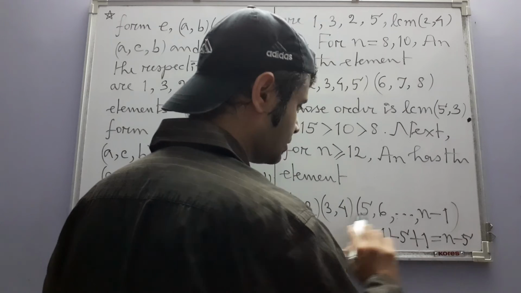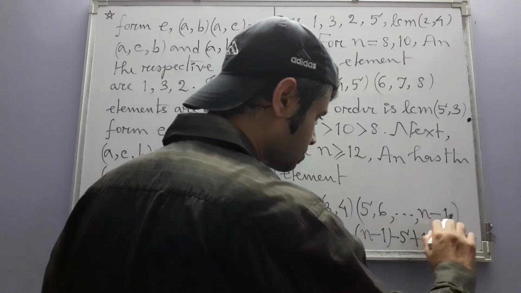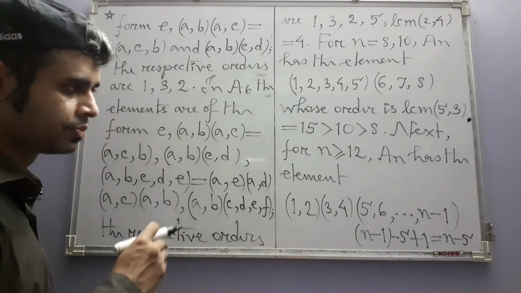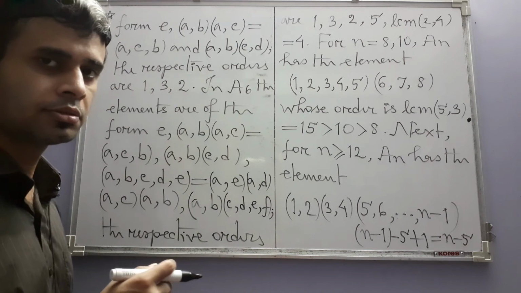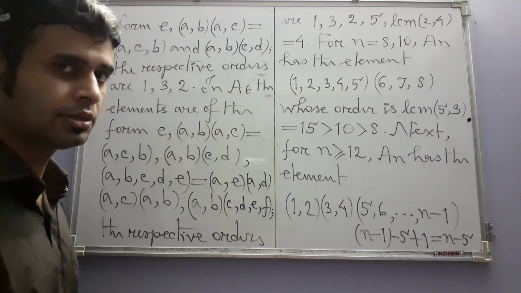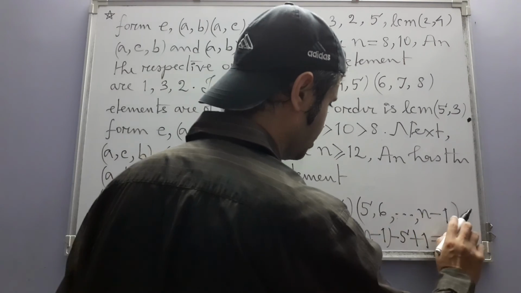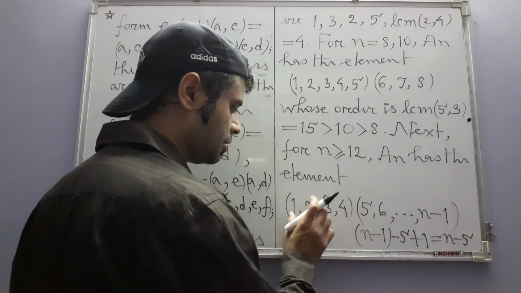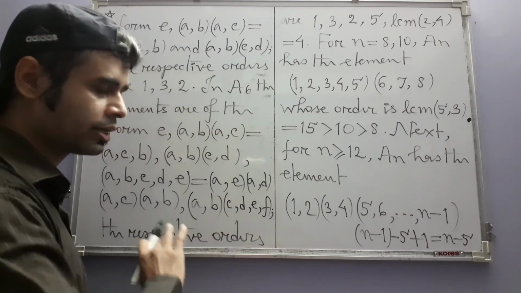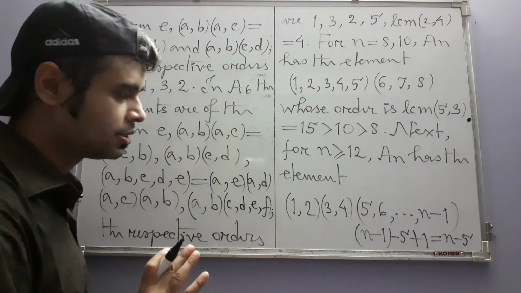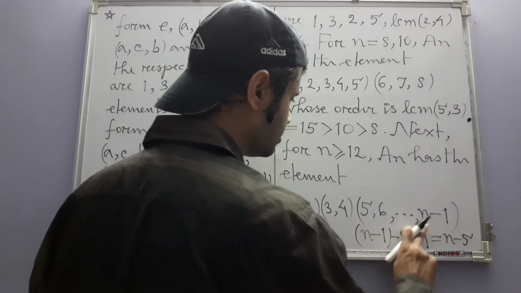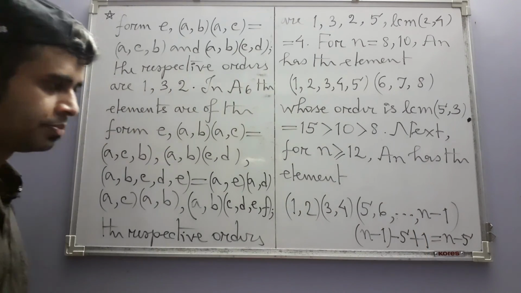Here you again, just like that, you can write this permutation as a product of n minus 6 2 cycles, and n minus 6 is even, so this is an even permutation, with two extra 2 cycles, so that also is even.